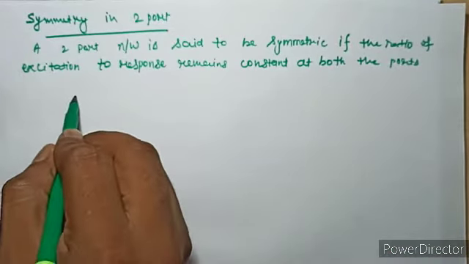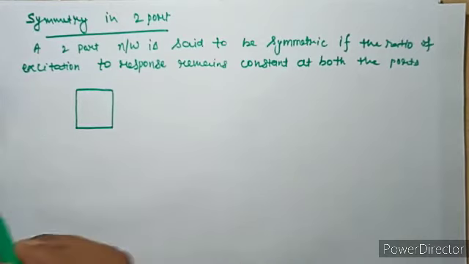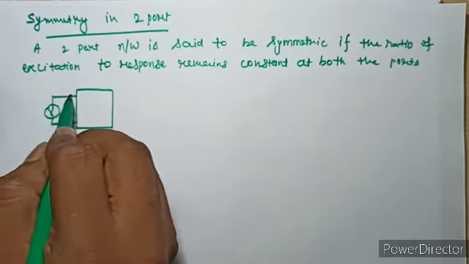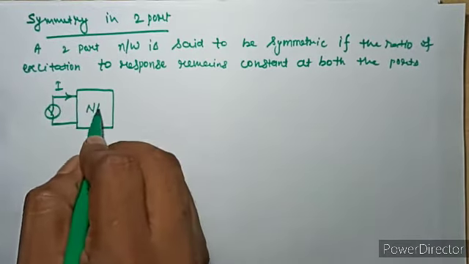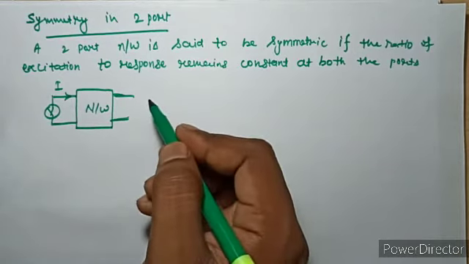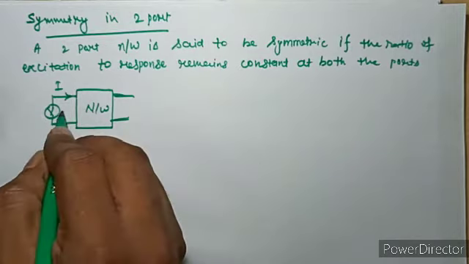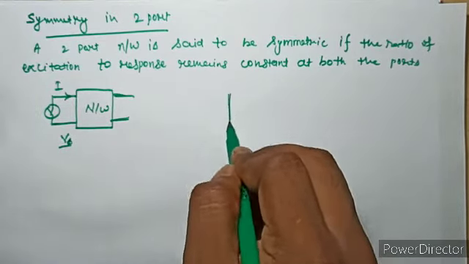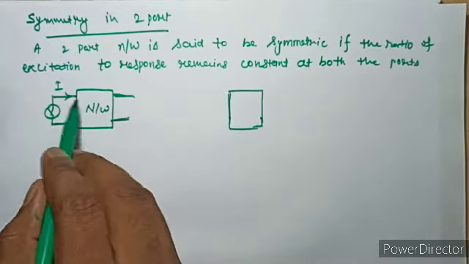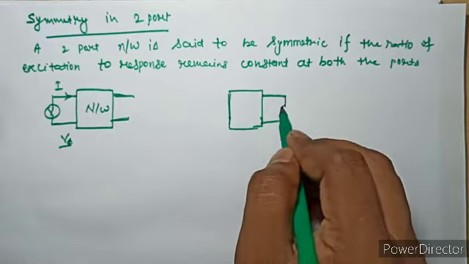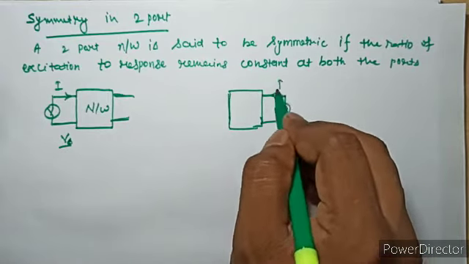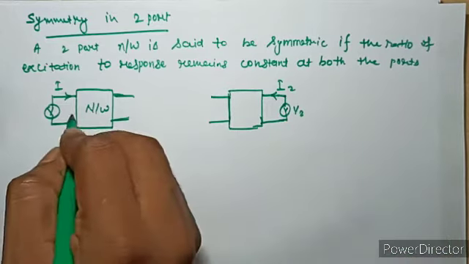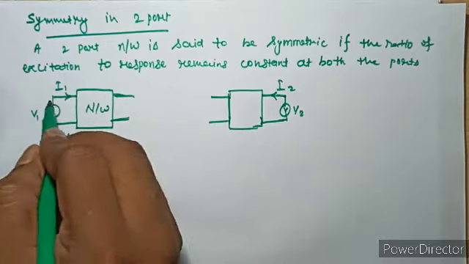Means if we have a network and I say that this is V and this is I, with the second port or output port open circuited, then the response is, and in the second case with the same network, if I interchange the position and I say that this is V and this is I with the input port as open, and let us say this is V2 and this is I2 and this is V1 and I1.